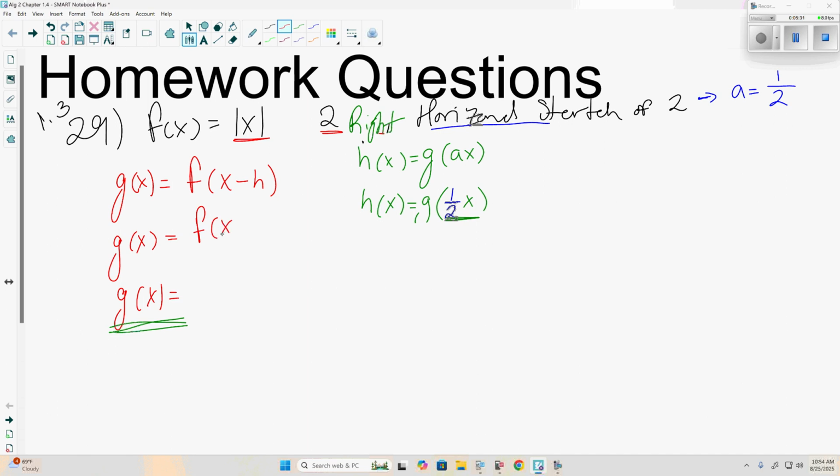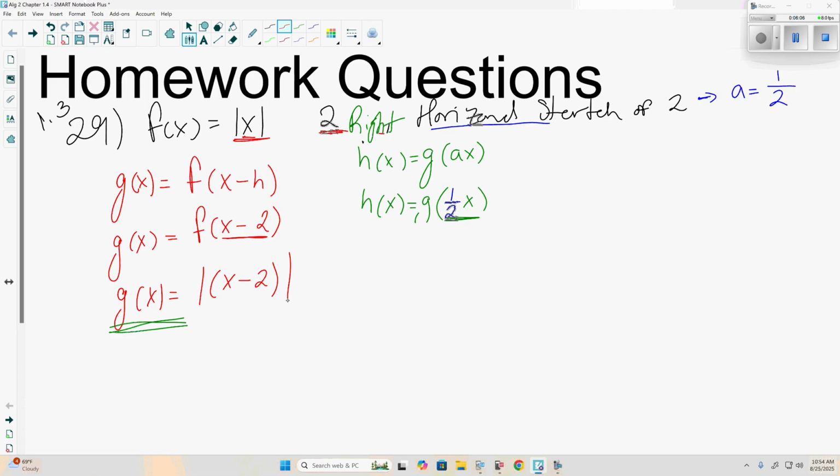Now for us here, the value of h is positive 2, because it's 2 units to the right. So we plug in positive 2 for h, and the form gives us x minus 2. Now we plug x minus 2 in for x, so every x is replaced with x minus 2.